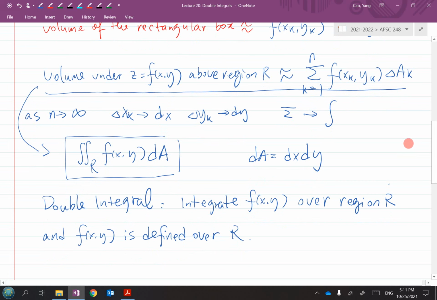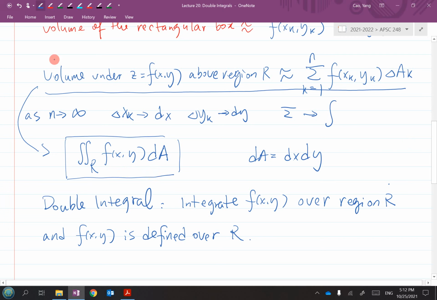You don't necessarily always associate one formula with one physical meaning. The way this is derived here is based on the formulation of the volume problem. But later on, you can see this double integral can certainly be used for many other different physical characteristics or physical meanings. It's not necessarily always just the volume.